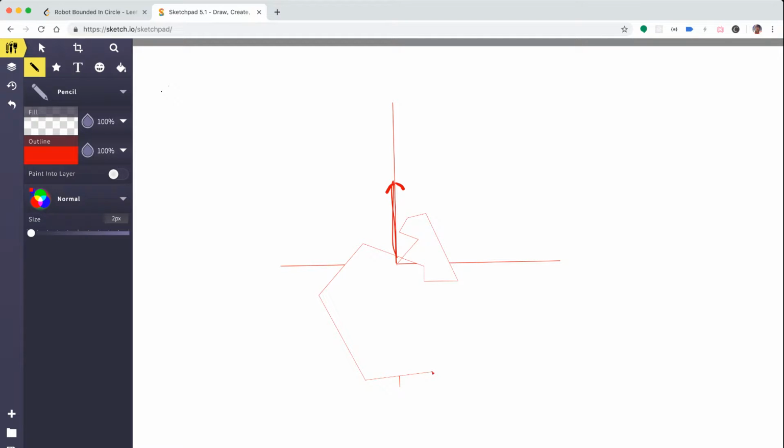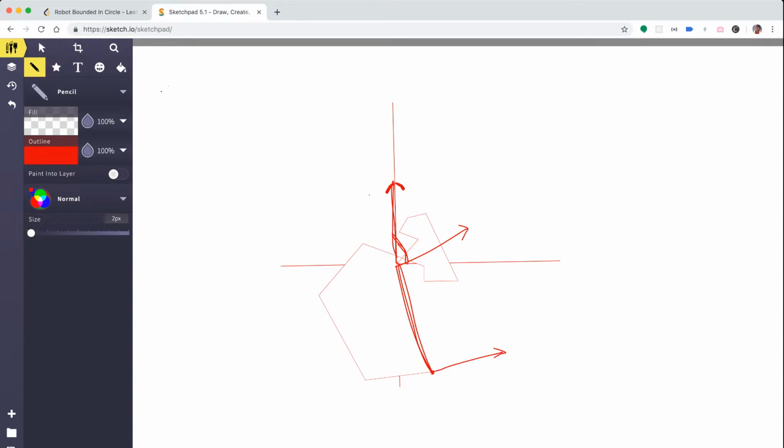If the end point is here and the last direction is like this, it means we first move from the origin directly to this point and rotate by this angle.